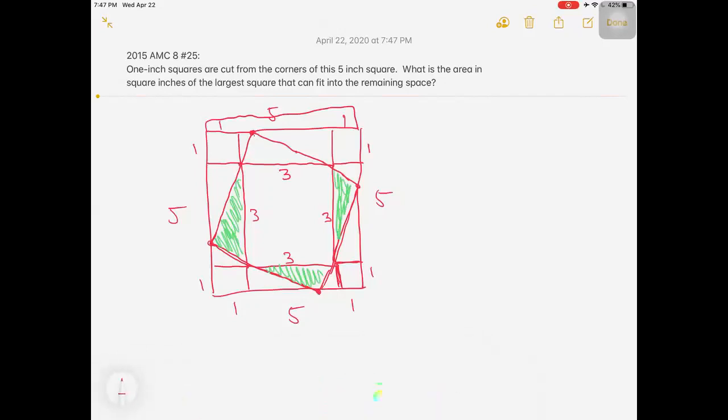It's simply the base times the height divided by 2. So we know that this height is going to be 1, and the base is 3. So the area of the green triangle is just the base, which is 3, times the height over 2.